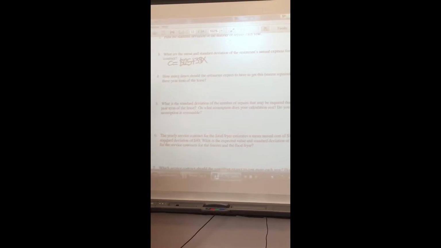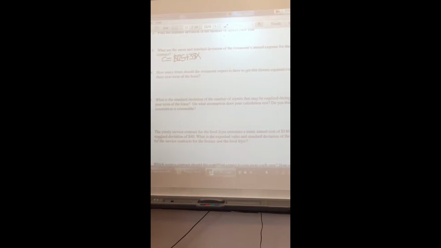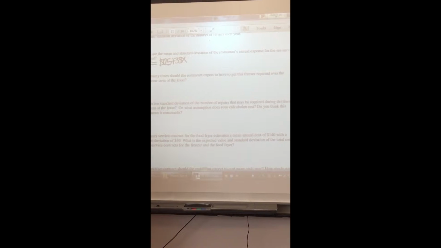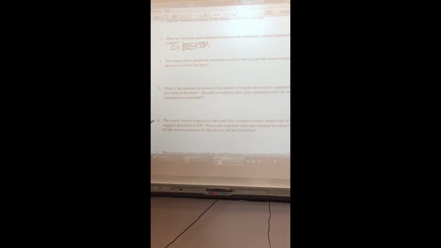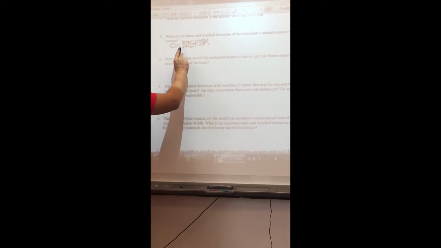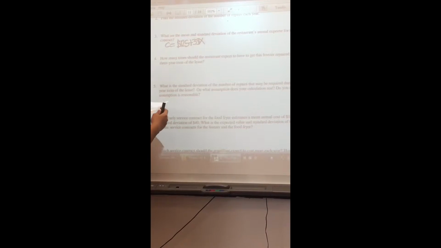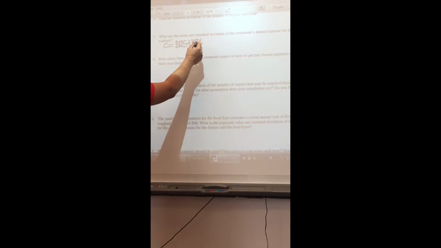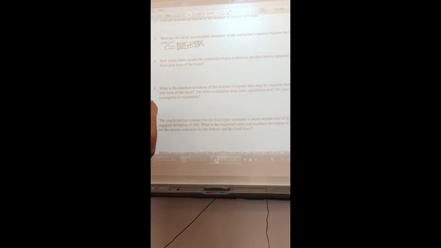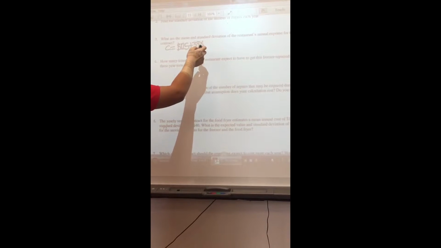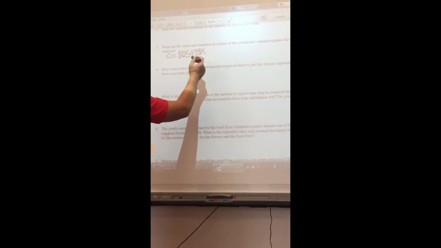So this is question number 3. What are the mean and standard deviation of the restaurant's annual expense for the service contract? So C is going to be $125, since that's the fee for a year, and 35x, since 35 is a service charge per repair, and we don't know how many repairs you're going to need.